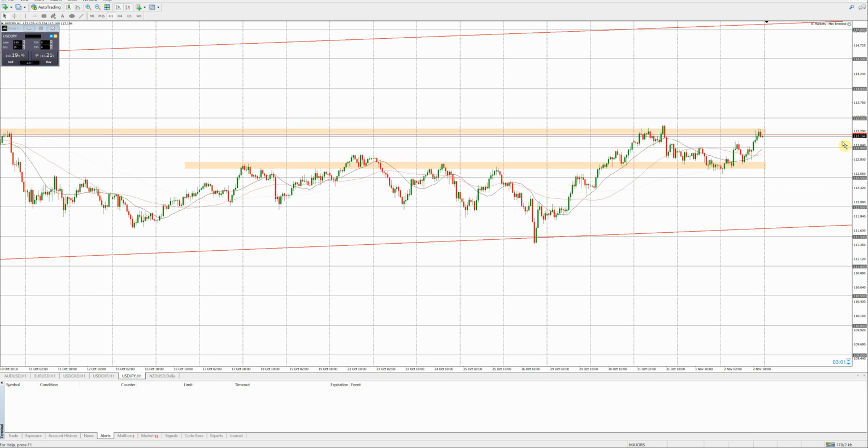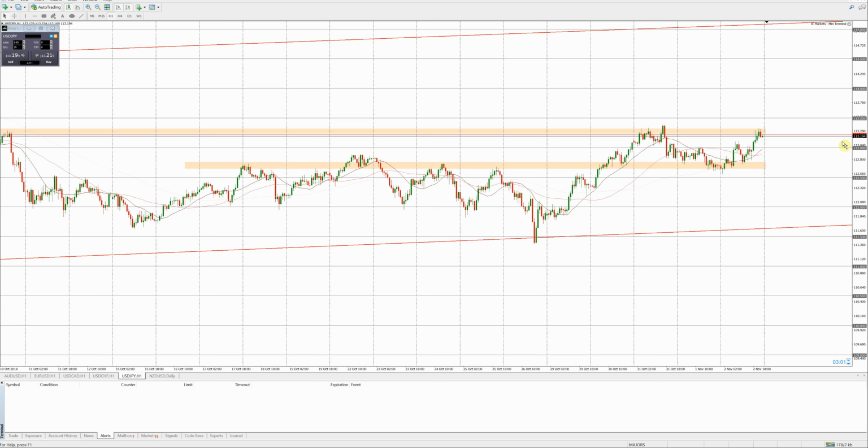For the USD Japanese yen, we are still in an upward uptrend channel. I'll just wait for some trend continuation opportunities. It's currently consolidating within this up channel in the 4-hour charts with the corresponding support and resistances as marked.